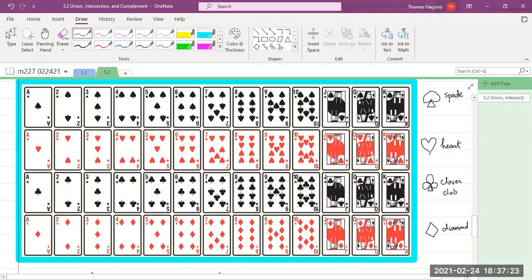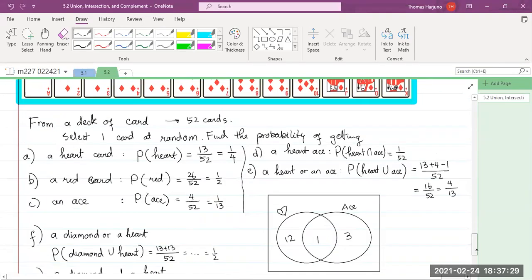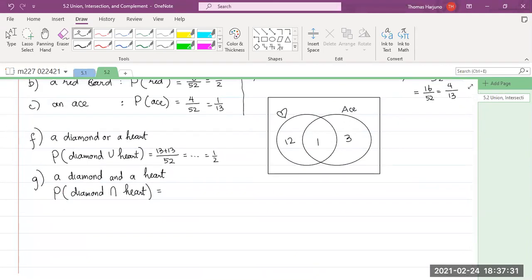How many cards are diamond and heart at the same time? 0. That's right. So the probability of getting a diamond and heart at the same time, with only one card, will be 0 out of 52. That is impossible. There's no way.